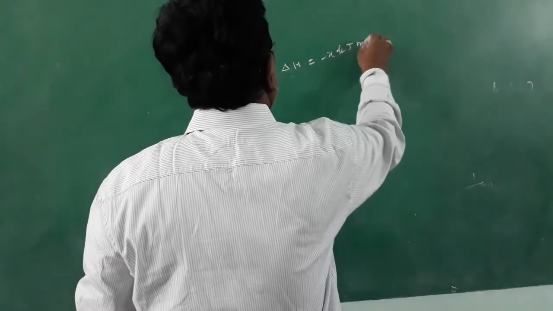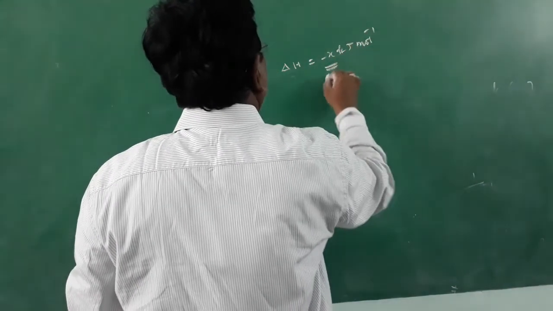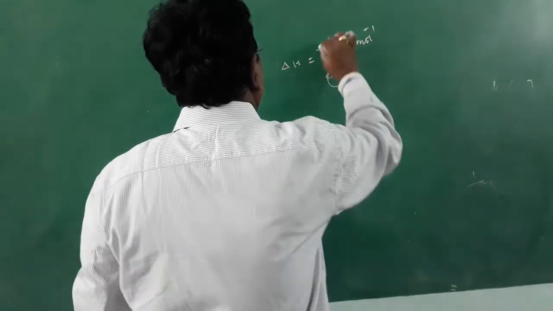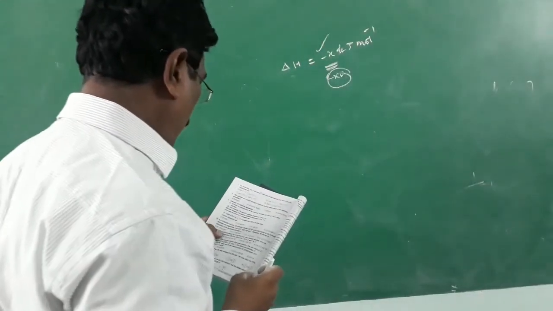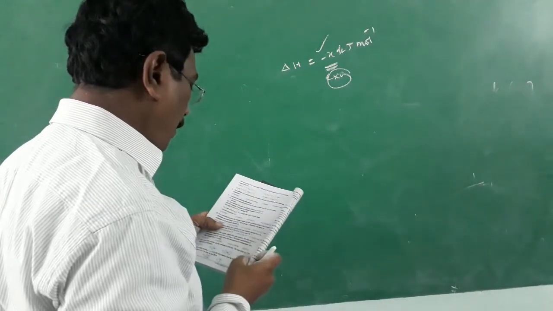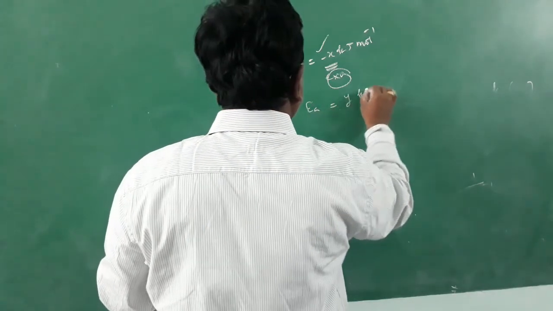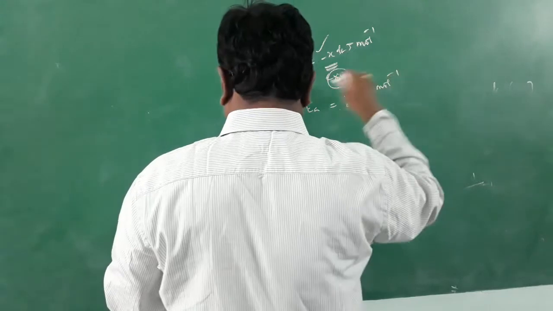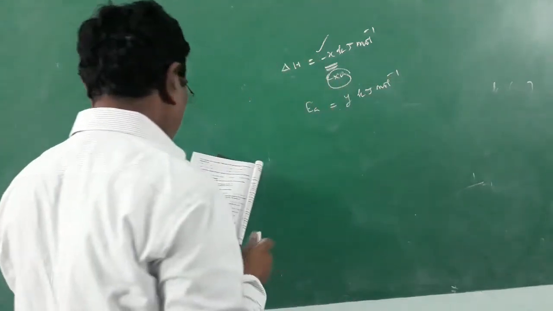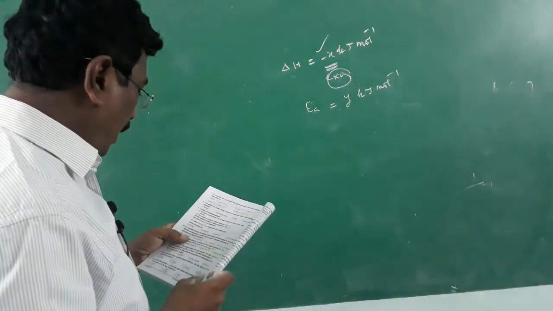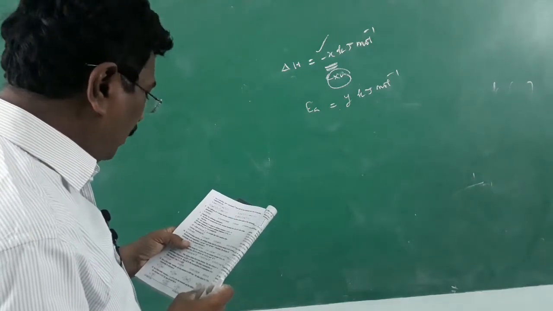That shows it is an exothermic reaction. Only for exothermic reaction, delta H value will be negative. And energy of activation is given as y kilojoule per mole. Enthalpy change they have given, activation energy they have given. Therefore, find the energy of activation in the backward direction.